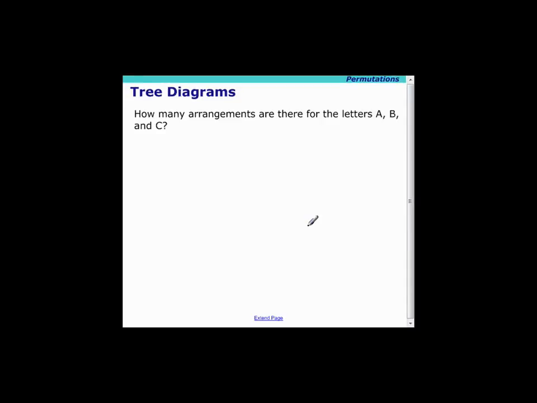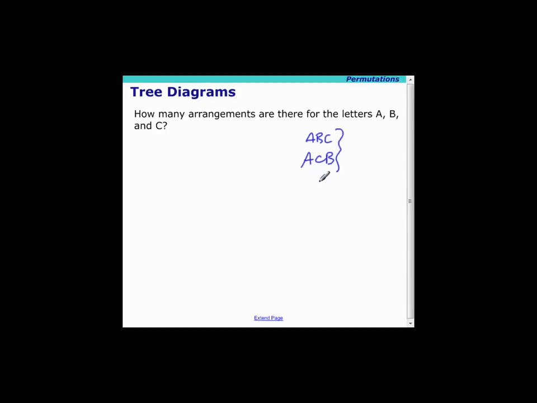Another way that I could look at permutations is using tree diagrams. So here I'm asking how many arrangements there are for letters A, B, and C. So I could go A, B, C, or maybe A, C, B, or, okay, I'm getting confused. And you can see how you might not be able to remember exactly where you were.